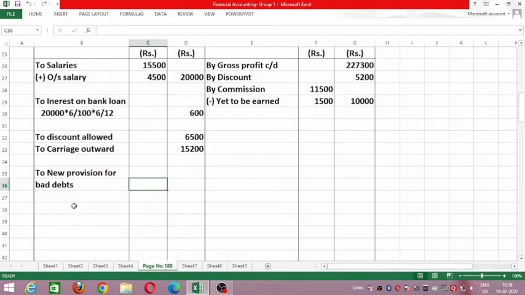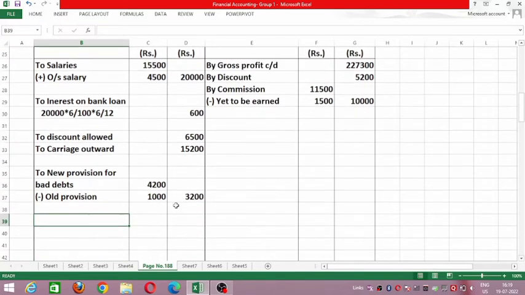As we have already calculated, let's write the amount of new provision, 4,200, less old provision. Old provision amount is 1,000. The difference amount 3,200 in the outer column.